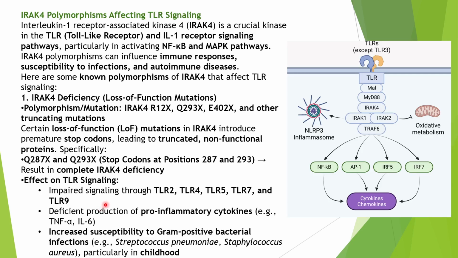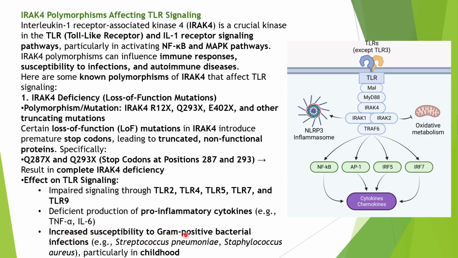So it affects basically most of your TLRs, and this leads to deficiency in production of pro-inflammatory cytokines because your pathway will not continue downstream. Your pro-inflammatory cytokines like TNF alpha, IL-6, IL-1 beta will not be produced or secreted to trigger an immune response against your pathogen.